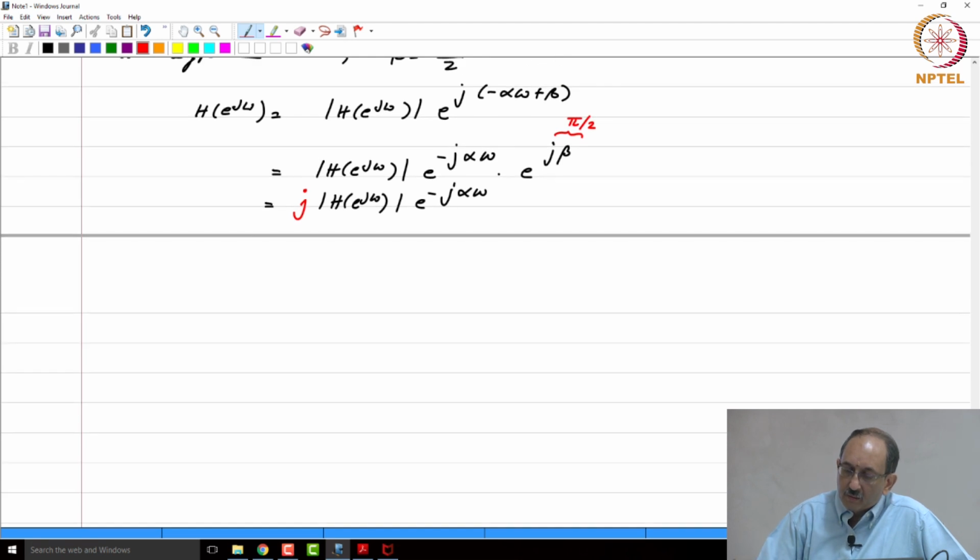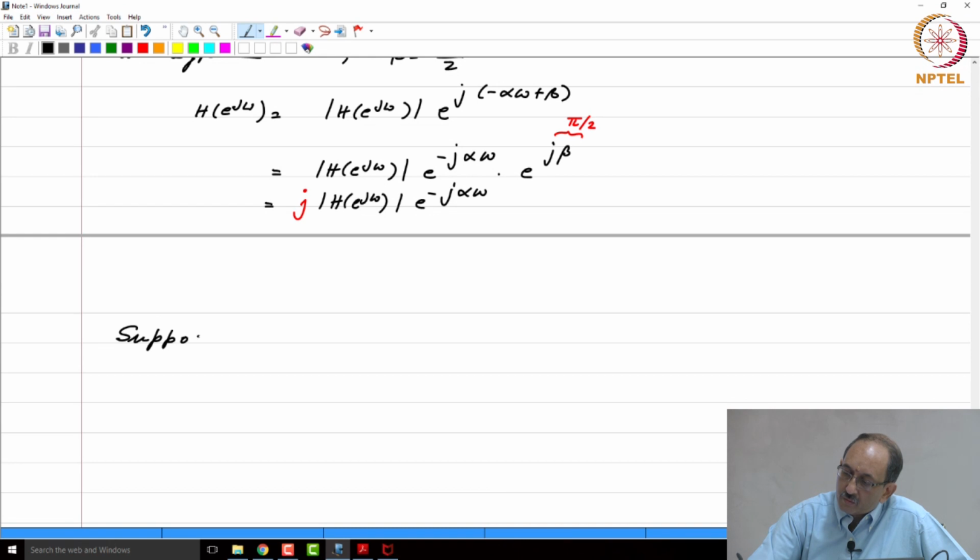And some general remarks can be made about the phase response with respect to how it affects us. If you have a signal, say in MATLAB, if you store it as a vector, right.